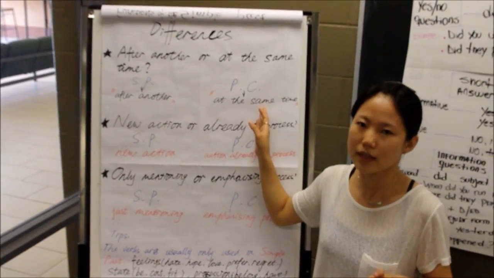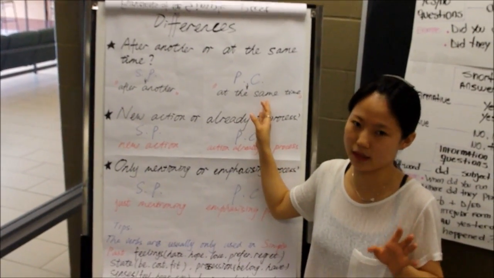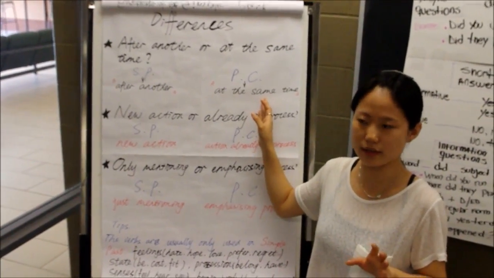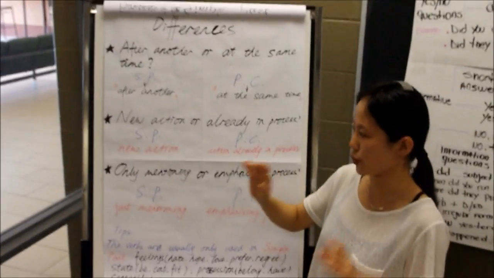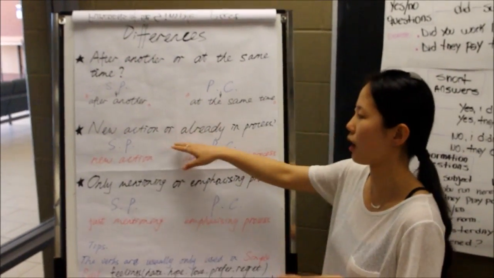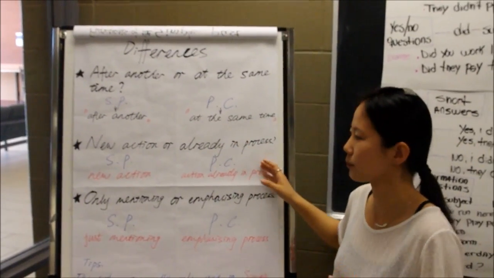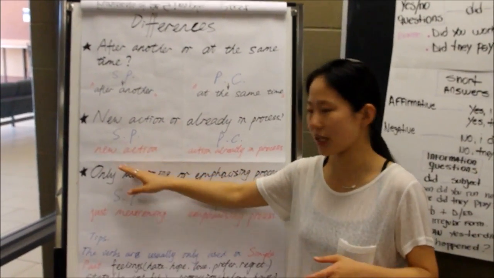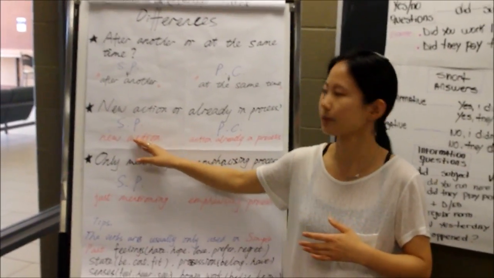For example, when Sam was playing computer games, her brother was watching TV. The second part is, do you want to talk about a new action, or do you want to talk about an action that's already in a process? When we talk about a new action, we just need to use the simple past tense.